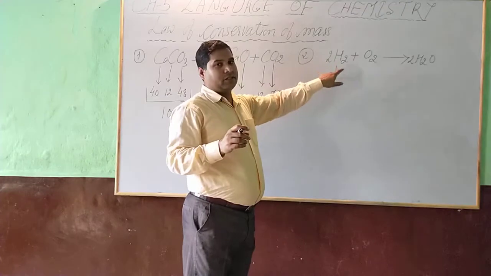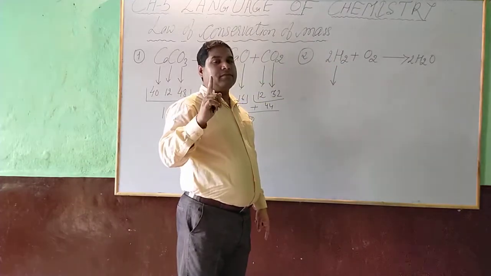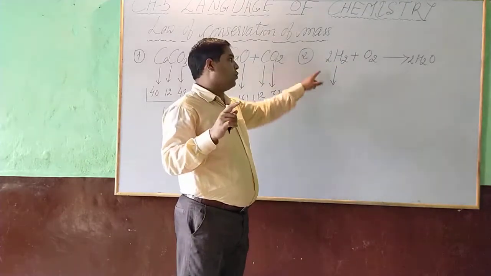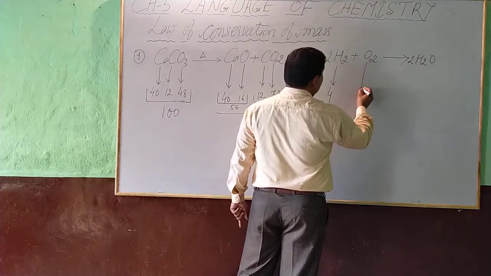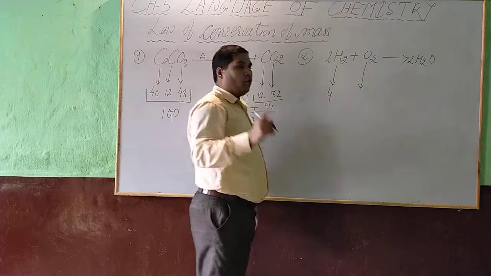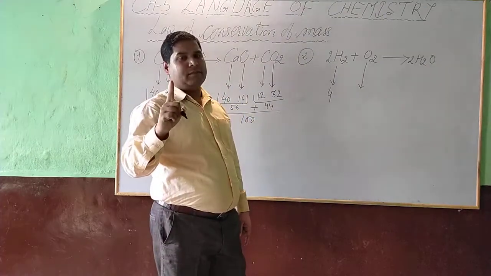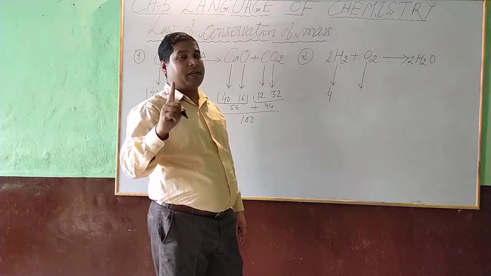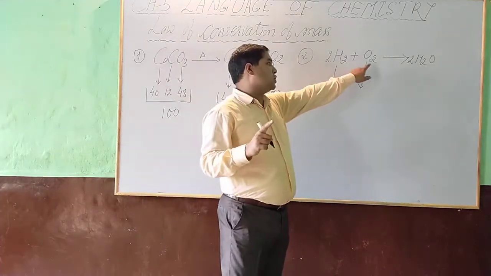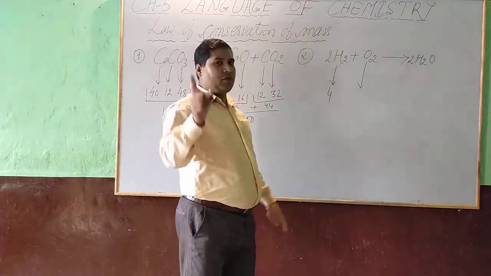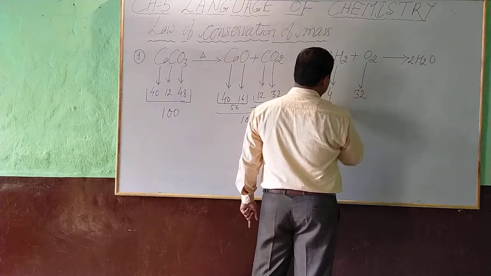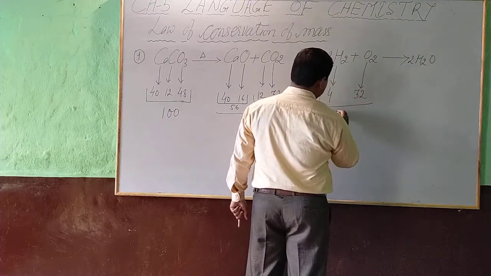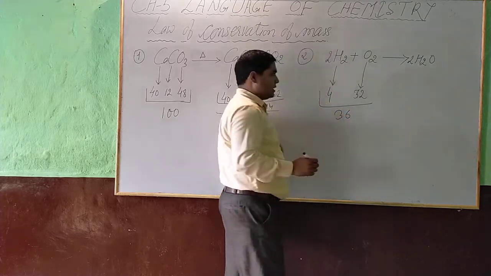So 4 hydrogen: 1 hydrogen atom mass number is 1, so it will be 4. You see here oxygen: 1 oxygen atom mass number is 16 and here there are 2, so 16 into 2, 32. So altogether it is 36.